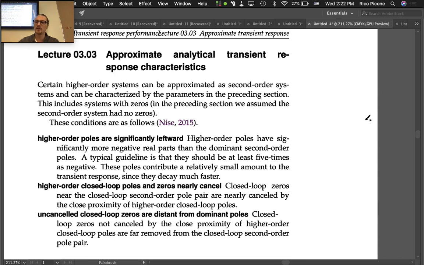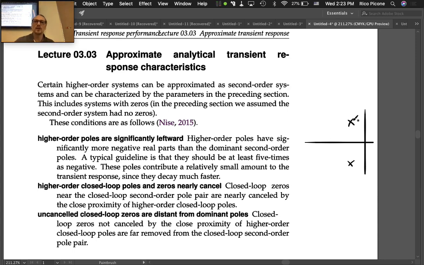So let's just remind ourselves what the pole-zero plot looks like. If you've got a second order pair of poles, we know exactly what the relationship is between the natural frequency, damping ratio, and even the geometric locations.